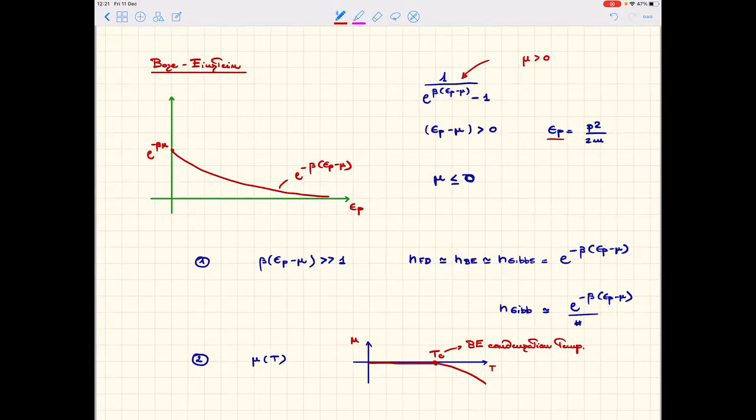It's going to be negative for all epsilon_p between 0 and mu.